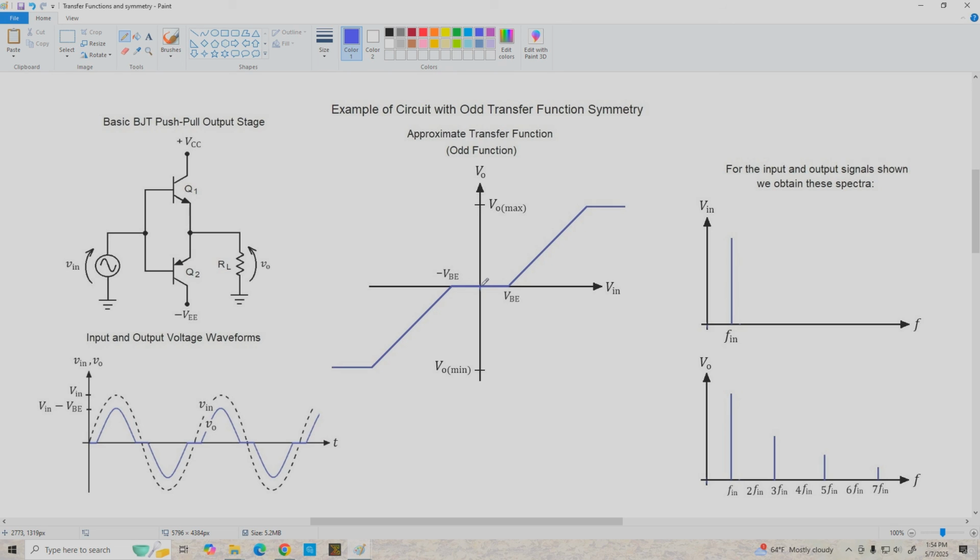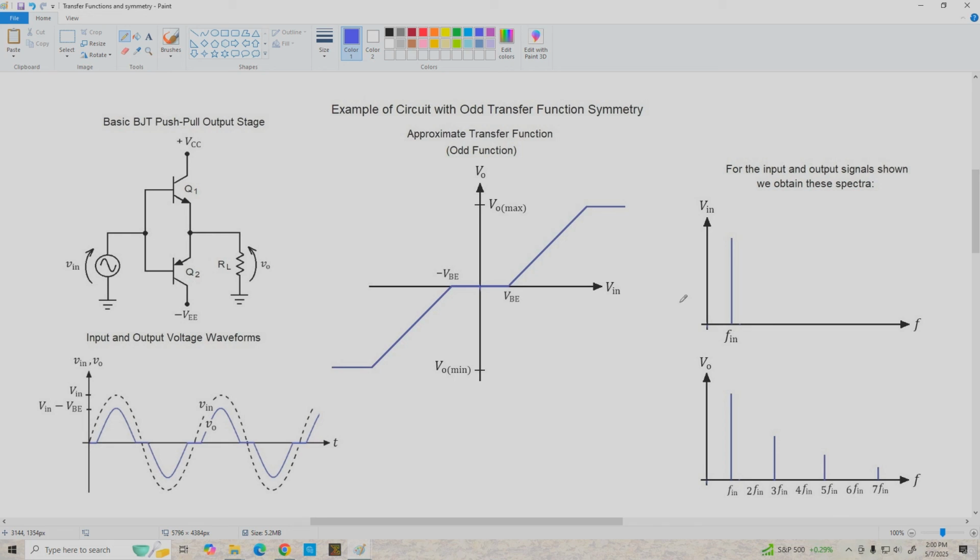And we've got a couple of different sources of distortion occurring here. We've got a discontinuity here when we exceed VBE for each transistor, and we also have a discontinuity, that is a change in the slope of the transfer function, when we go into saturation on positive and negative going output swings.